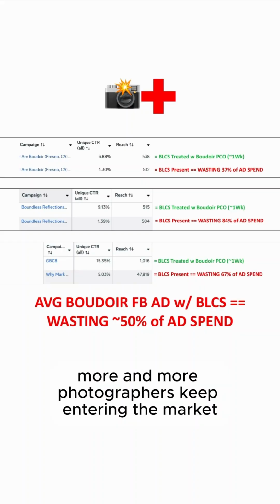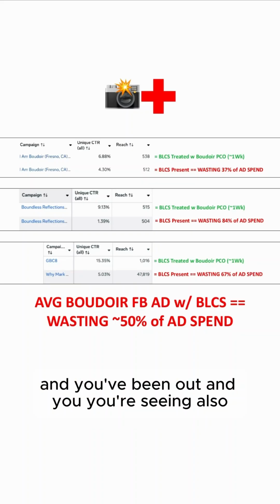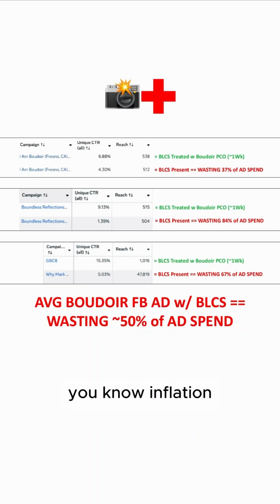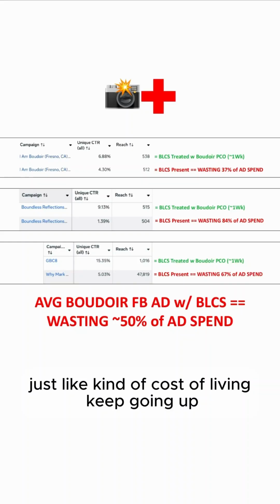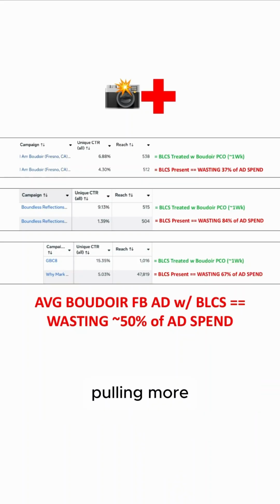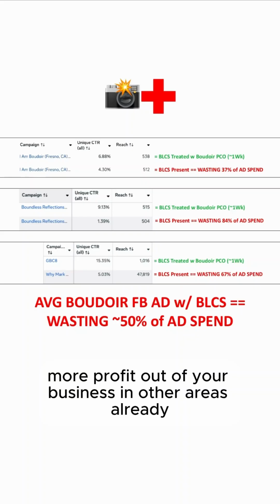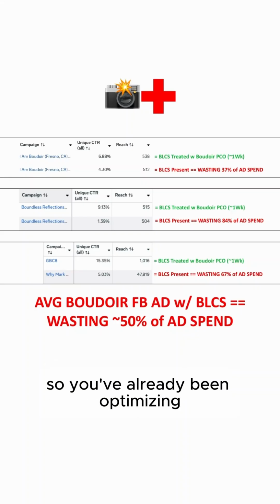So more and more photographers keep entering the market, a saturated market. And you're also seeing inflation, the cost of living, keep going up, going up, going up. And you've been optimizing, pulling more profit out of your business in other areas already. So you've already been optimizing.